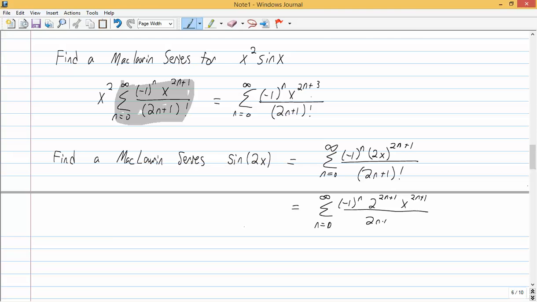But you could just leave it like it was previously because splitting it up on this one really doesn't do anything. It's not like I have something that'll cancel out if I do that. I don't. So, yeah, this will probably be, I guess, the preferred way of leaving it, because splitting it up really does nothing.